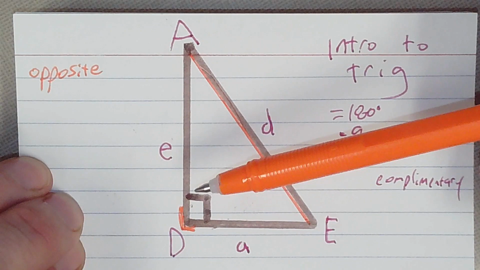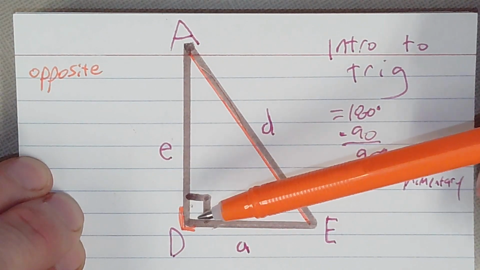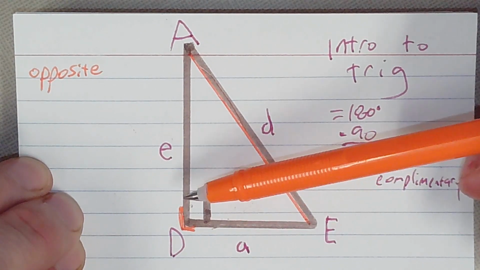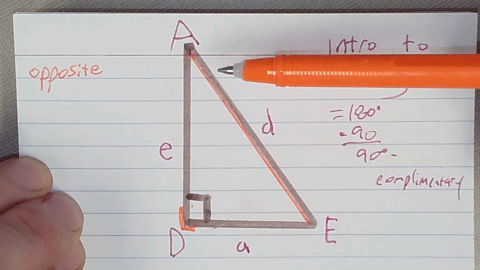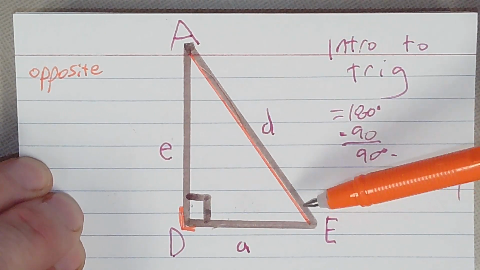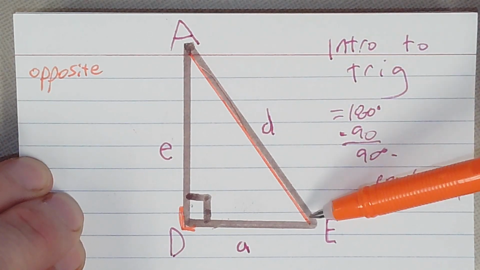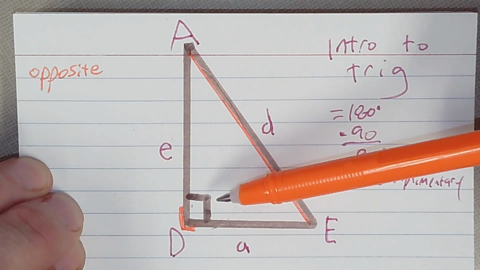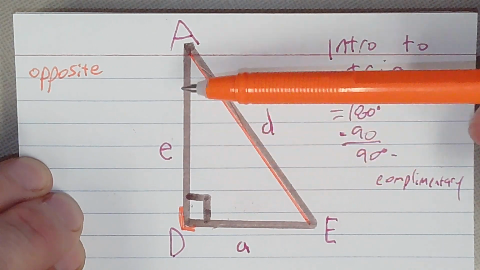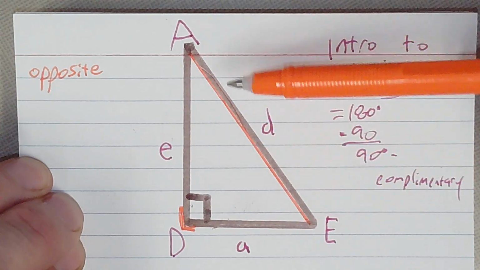So I'm using D, my 90-degree angle, as my reference angle here, and my hypotenuse is opposite of my angle D, meaning that the line segments that make up D aren't even touching my hypotenuse.